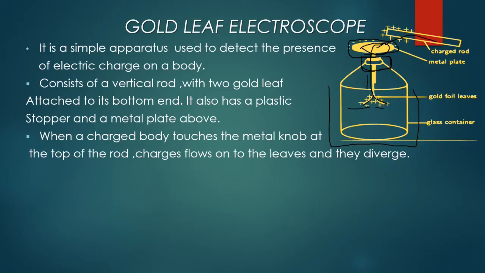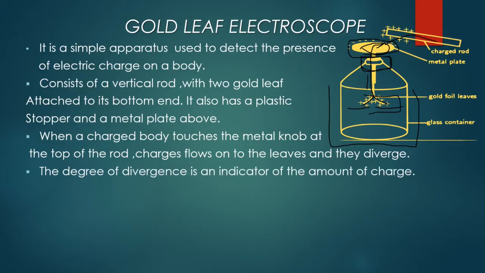Like this, they diverge. So if a charged rod is brought in contact with the metal plate, the charges flow through the rod and reach the gold leaf. If the charges are present, they diverge. Now these gold leaves cannot just simply diverge at whatever angle they want.